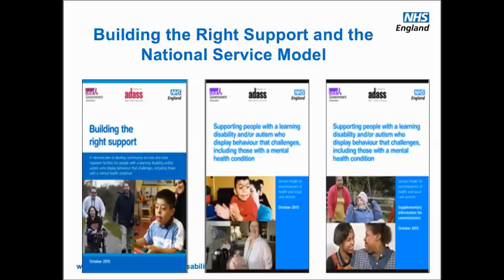But I think we now need to look much wider than that and look at how people who are becoming adults are ending up in inpatient care, and whether we can put support in childhood to children, young people and their families that can prevent that pathway into services.